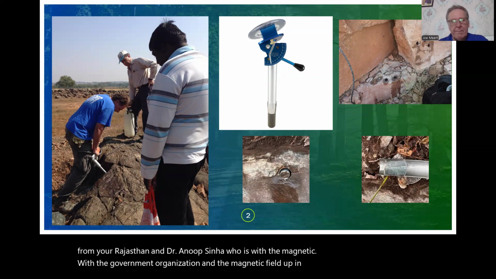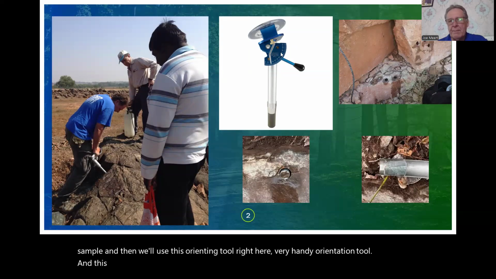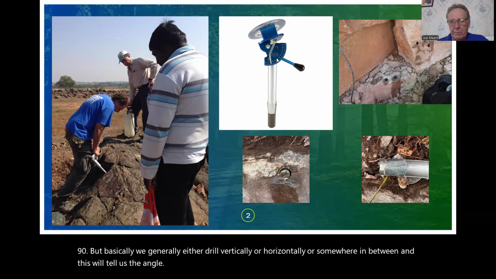We'll drill the sample, and then we'll use this orienting tool right here, a very handy orientation tool. It has markings that go from 0 to above 90. Basically, we generally either drill vertically or horizontally or somewhere in between, and this will tell us the angle that we drilled at.